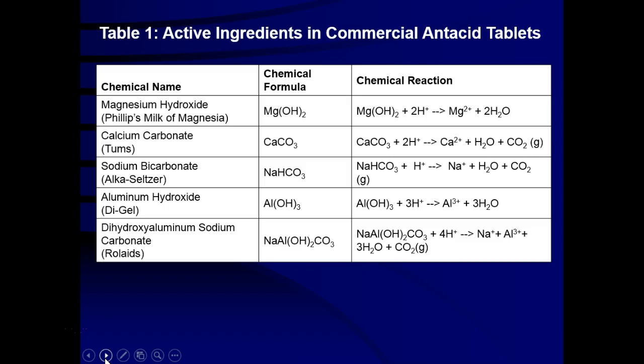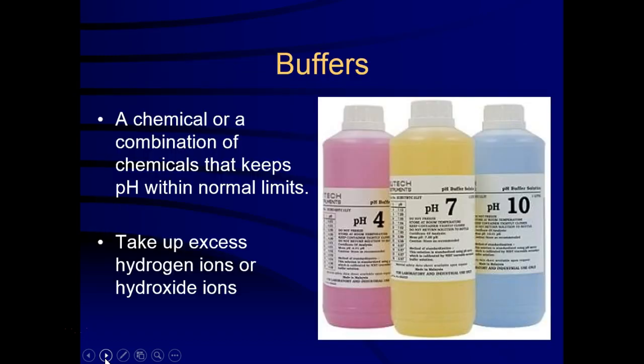Certain types of chemical reactions are occurring in our bodies all the time that fluctuate pH. In order to prevent big fluctuations in pH, we have within our bodies what are called buffers. Buffers are substances that help prevent big pH fluctuations.